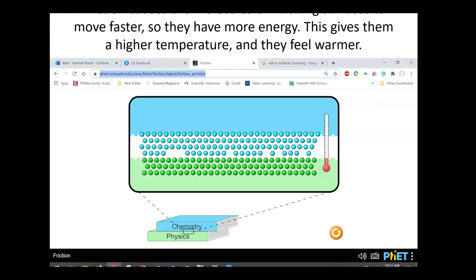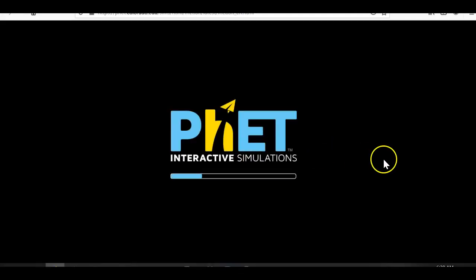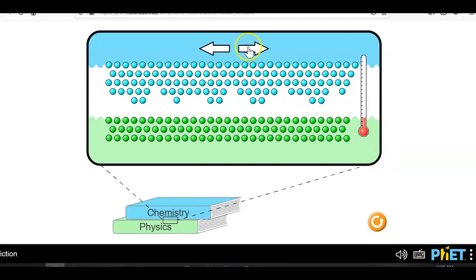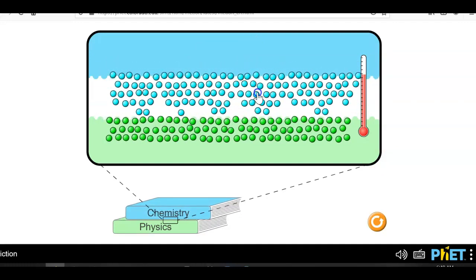So I just want to show this simulation because I want to talk about how friction causes the molecules on the surfaces that are rubbing against each other to move faster so that they have more energy at the microscopic level. Let me see if I can open this up. So this simulation allows us to put the objects in contact and rub them.